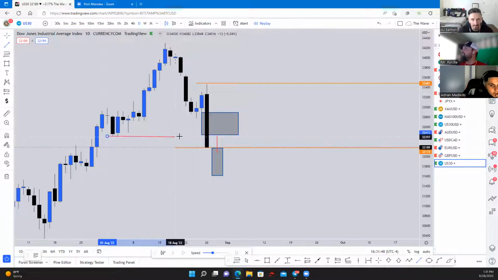So we've broken these equal lows here. That's where liquidity was on the daily. Beneath these equal lows and equal highs, like bodies and wicks, that's where money is sitting. You see down here, these are kind of equal.